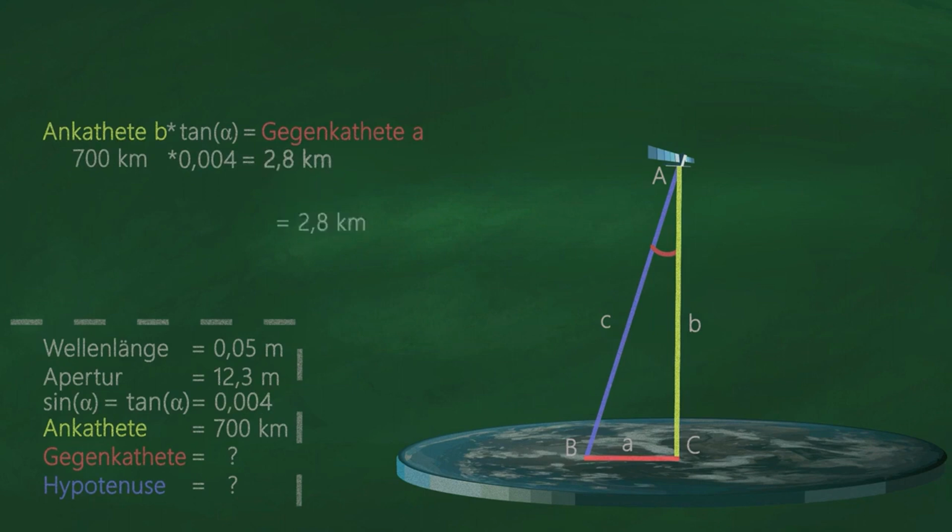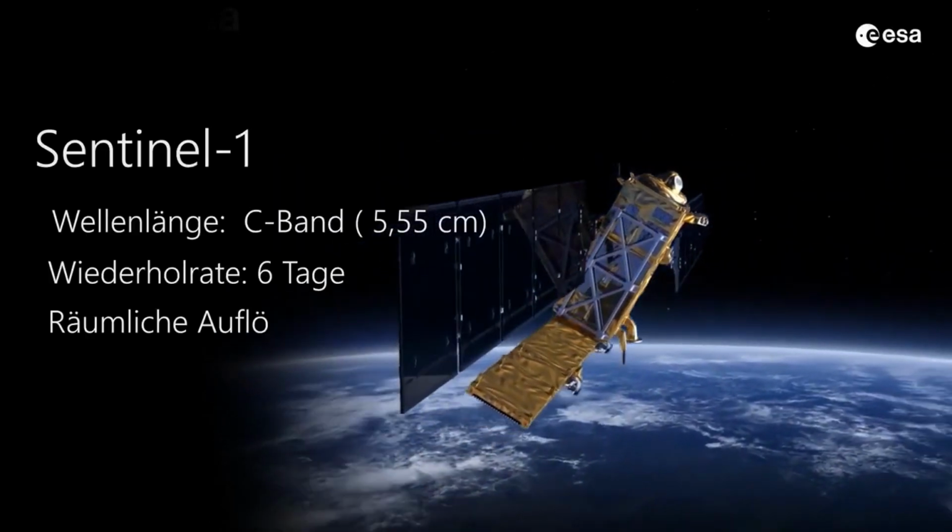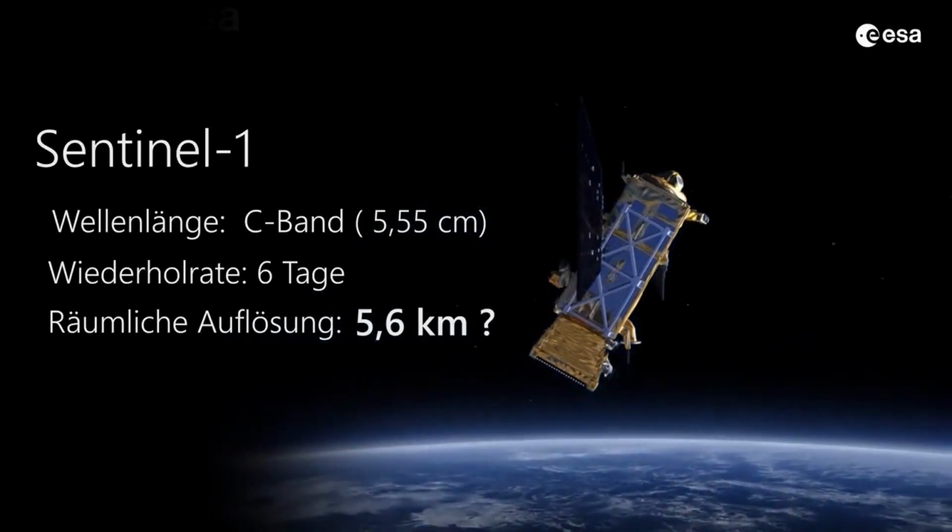However, since this only gives us half of the total distance sought on the Earth's surface, we multiply the result by 2 again and get 5.6 km. This means that the Sentinel-2 should actually have a spatial resolution of only about 5.6 km.